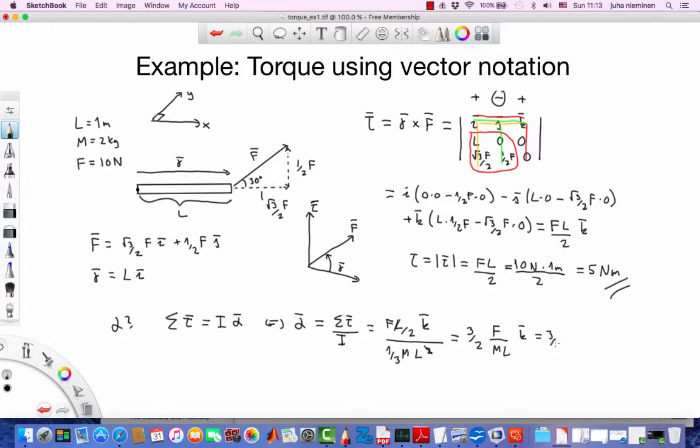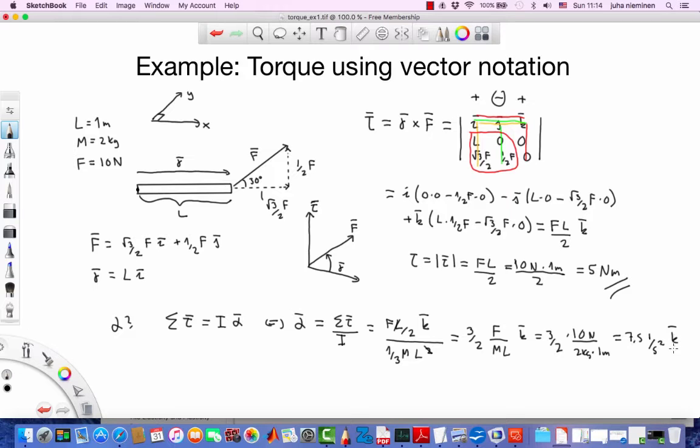So 3/2 times force, 10 newtons, divided by mass 2 kg times the length of the rod, 1 meter. So we get 15 divided by 2, so 7.5, and the units turn out to be 1/second squared, or 7.5 radians per second squared, and all of that again in k direction.